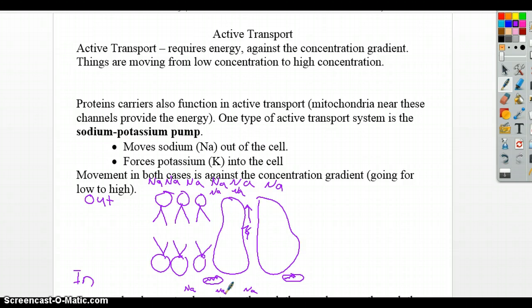Okay. And the potassium is being forced into the cell. And I already have lots of them inside the cell. I'm going to add some more lipids over here so it makes sense.